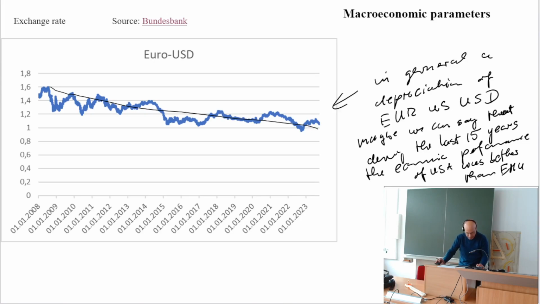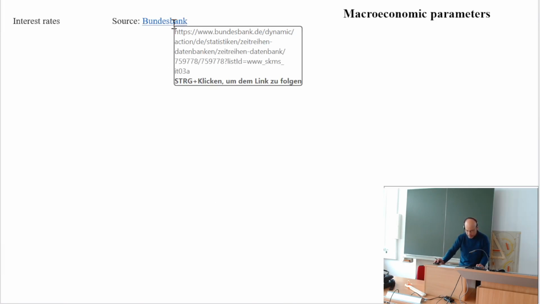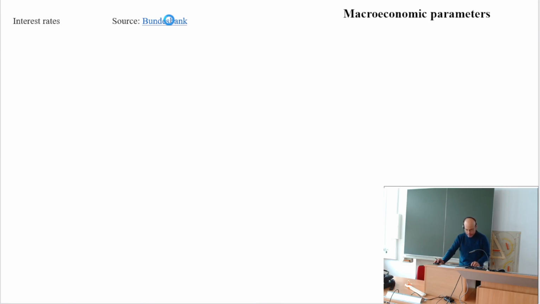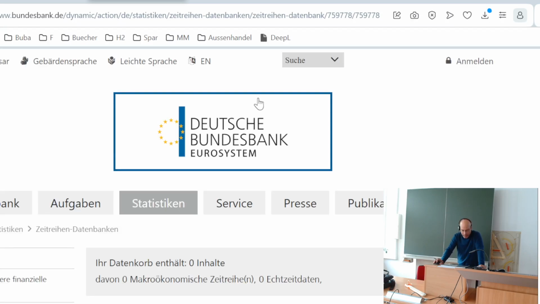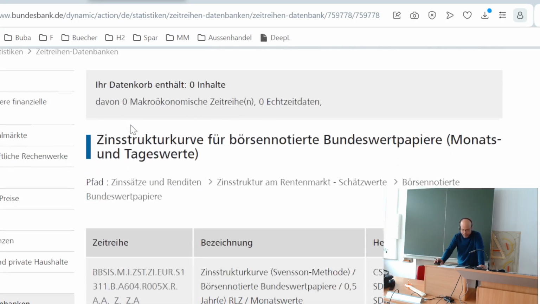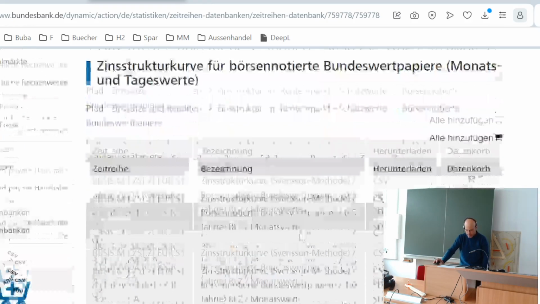Since I'm running out of time, let's also take the interest rates for the end. If you remember, I told you in my macro course that when we talk about interest rates of a country, then as a benchmark we use 10-year government bonds.